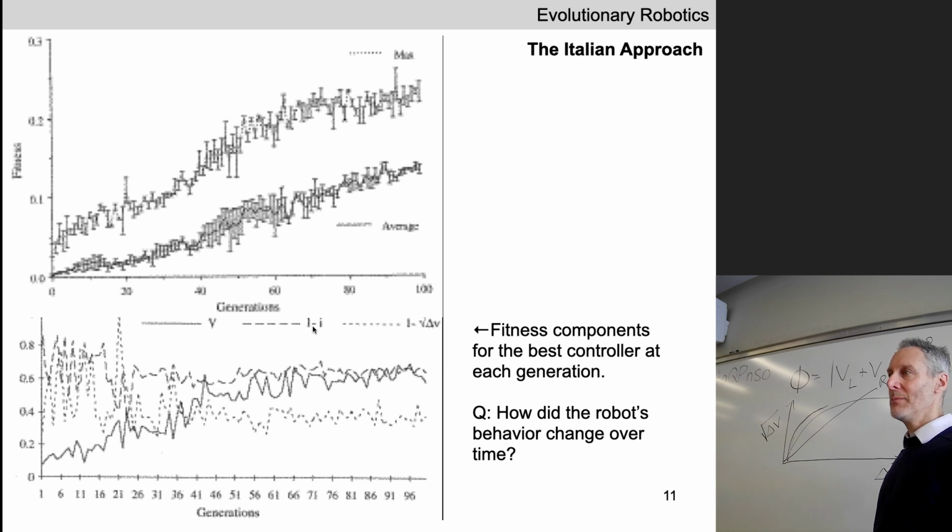What can you tell me about what evolution is doing with these 3 terms over evolutionary time, over these 100 generations? Let's start with the solid line, the total spinning of the wheels. How does that change over evolutionary time?